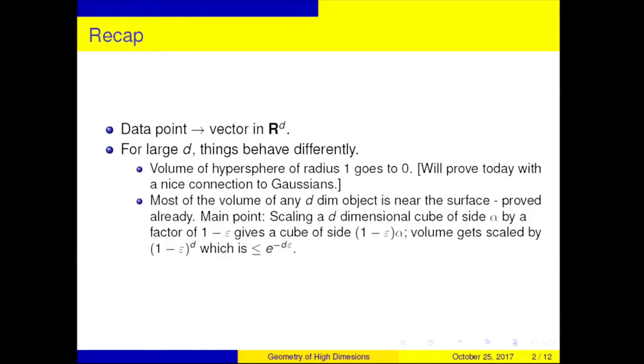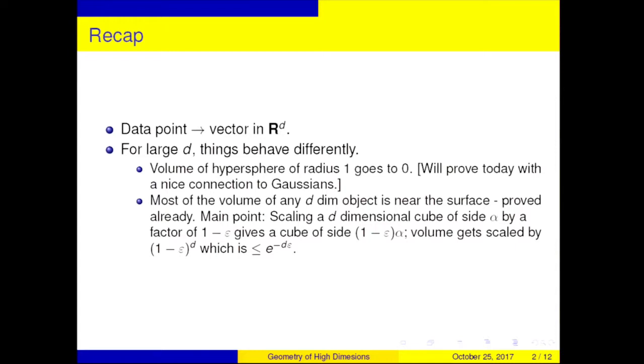Okay, we'll see that. We'll also see this other fact, we saw this already. Just mentioning it in the recap, most of the volume of any d-dimensional object is near the surface, not just for spheres, but for everything. We proved it already. There was no big deal in the proof, except this calculus thing that you divided the object into tiny infinitesimal cubes and integrated, right? If you scale a cube down by a 1 minus epsilon factor, then you scale the side down by that factor.